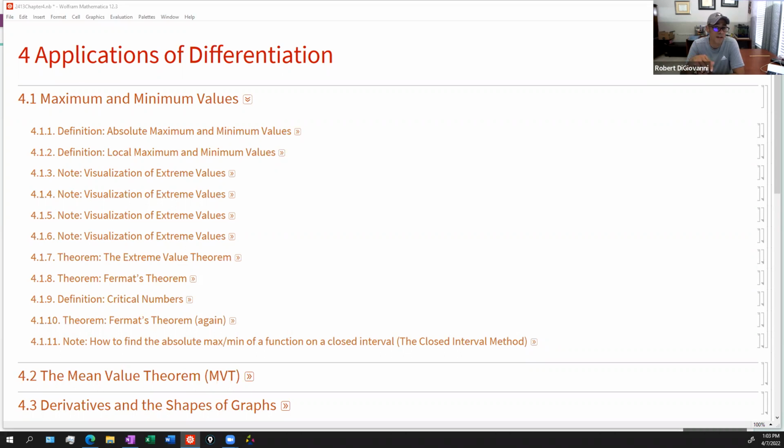Anytime we want to find the highest and lowest points on a function, we're going to be using the information from this chapter.